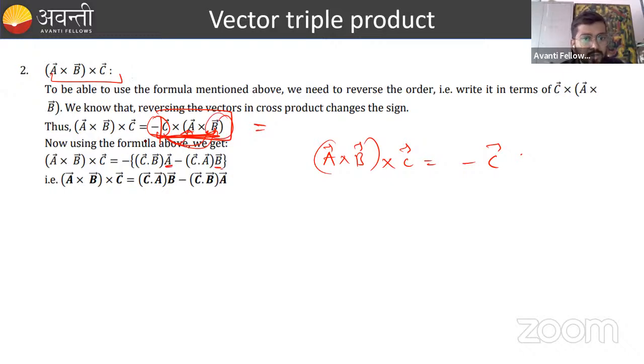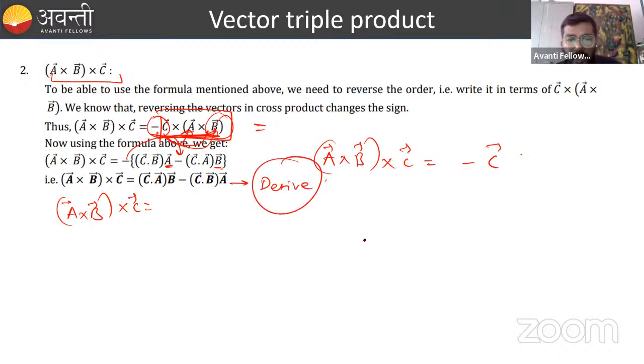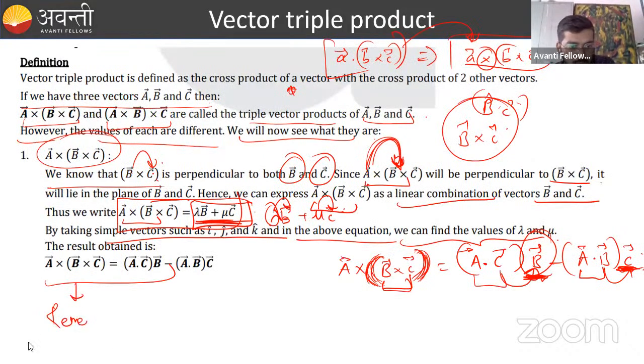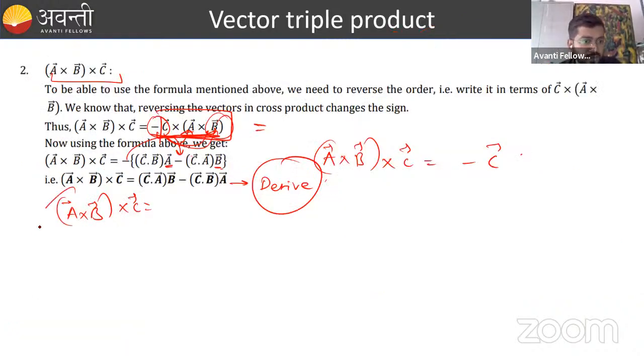Now you place the minus sign inside. You can remember this thing like this also, or you can derive this. Generally try to remember one thing and derive the other. Remember this and derive this.